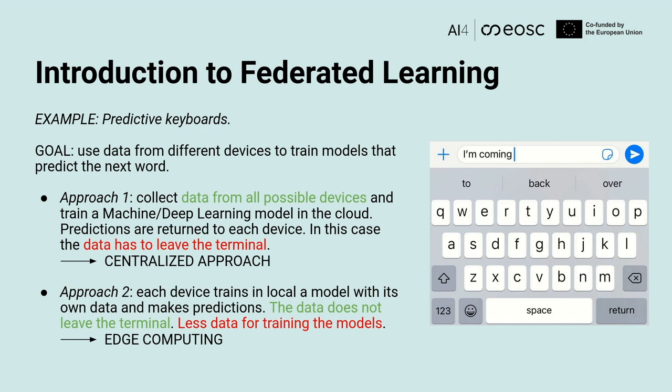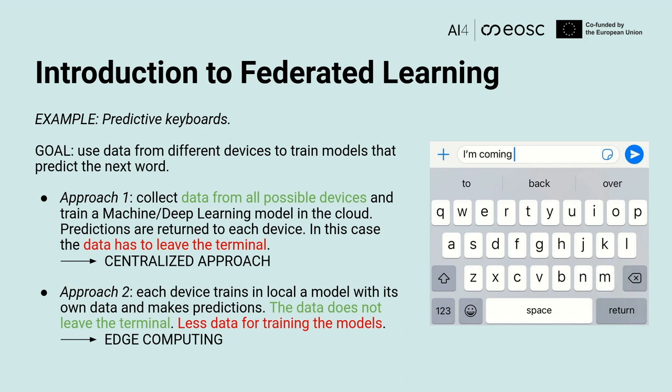In this case, the data does not leave the terminal, the smartphone, the device that has generated the data, but we are using less data for training the models. So in this second approach, we have one advantage, which is that data does not leave the device, but we have a clear disadvantage, which is that we are using less data for training the model, so we are going to build less accurate models in this approach.